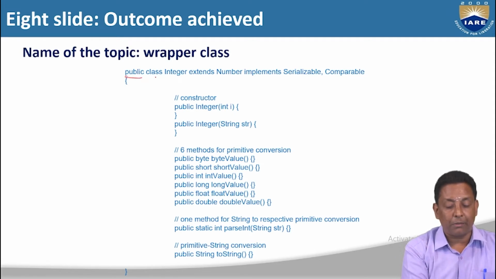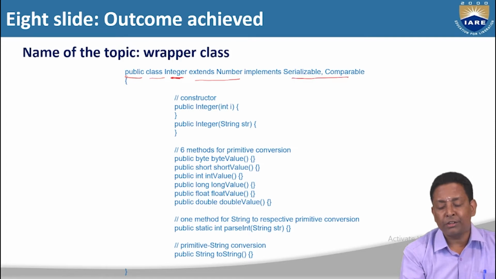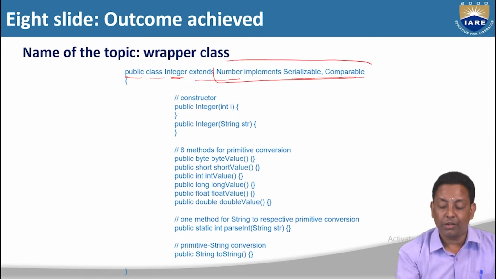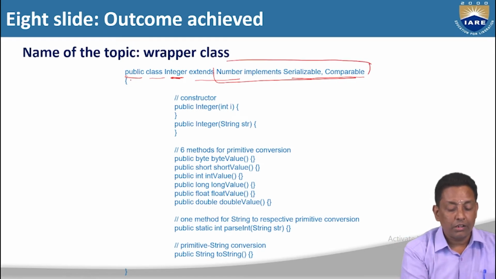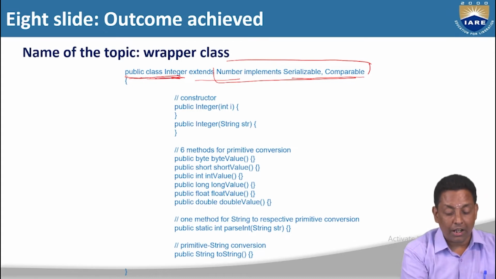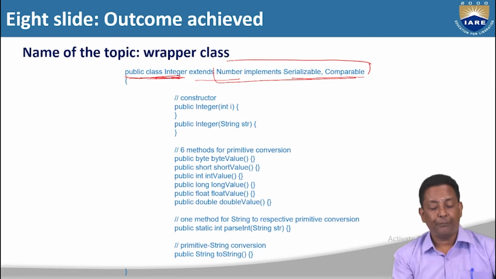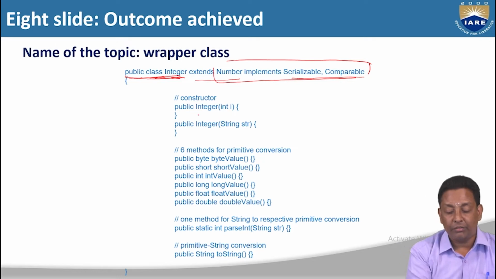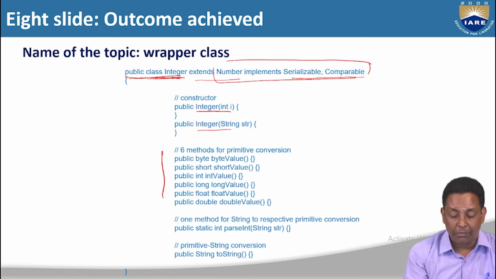The class is given as public class Integer. This class extends Number and implements Serializable and Comparable. I don't want to discuss the Integer class superclasses at this moment, we'll discuss that later. So public class Integer is the wrapper class. In this wrapper class, if you carefully observe, 2 constructors are given, and a couple of non-static methods.